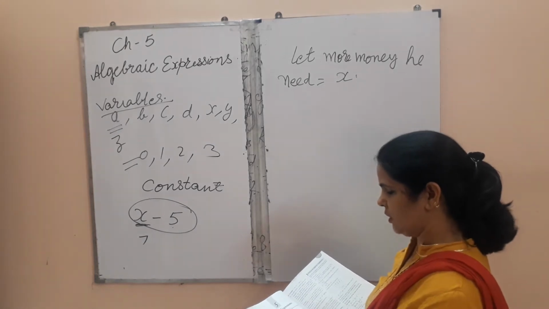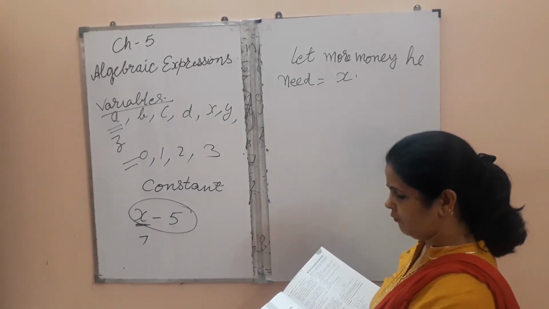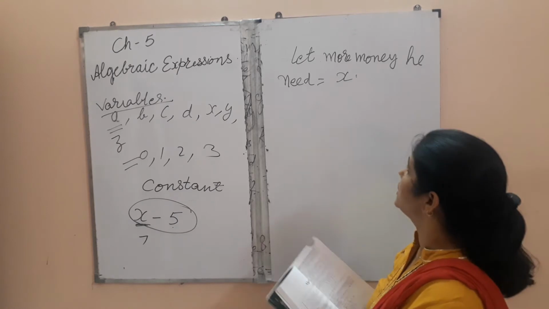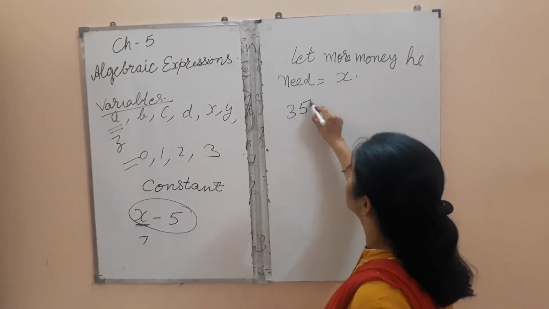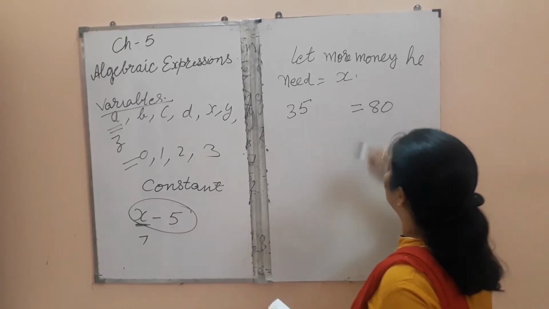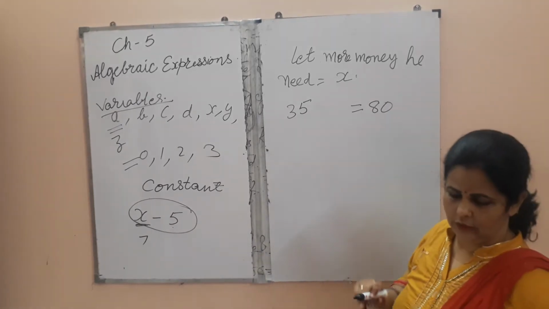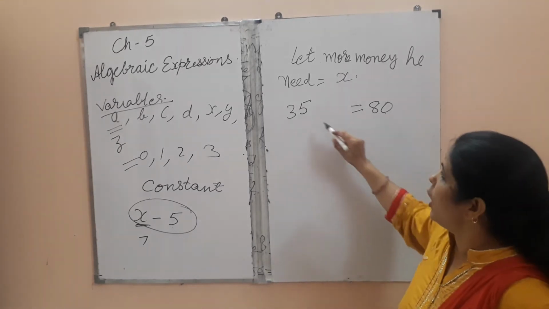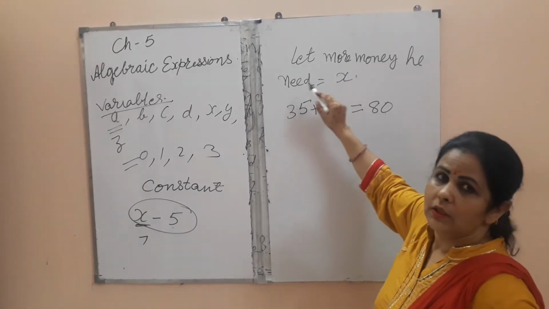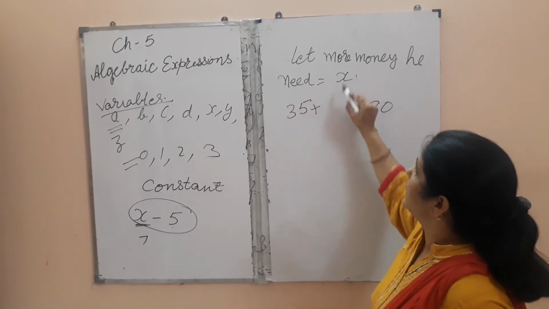Now what is the question? Rahul wants to buy a video game worth rupees 80. He has only 35 rupees. So 35 rupees he has, and the total value of the video game is 80 rupees. So how much more money does he need? That is x.